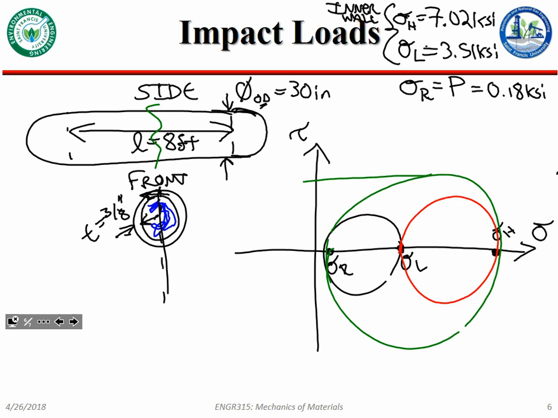But then that becomes my maximum shear stress. I can find that just by doing some geometry, because I know what the diameter of that circle is, so I can find its radius and so on and so forth. And that number I could compare directly to a yield stress.